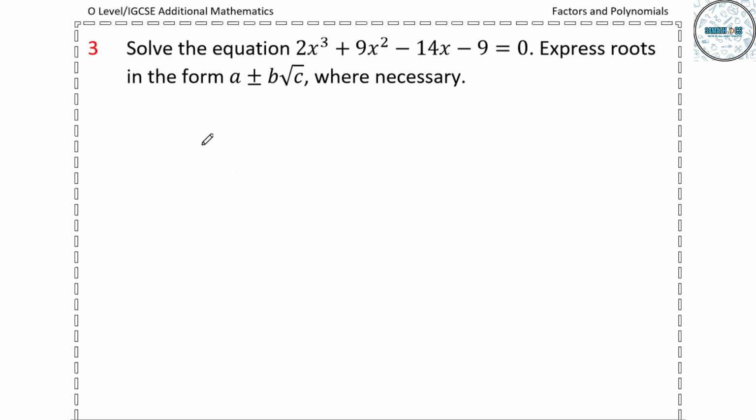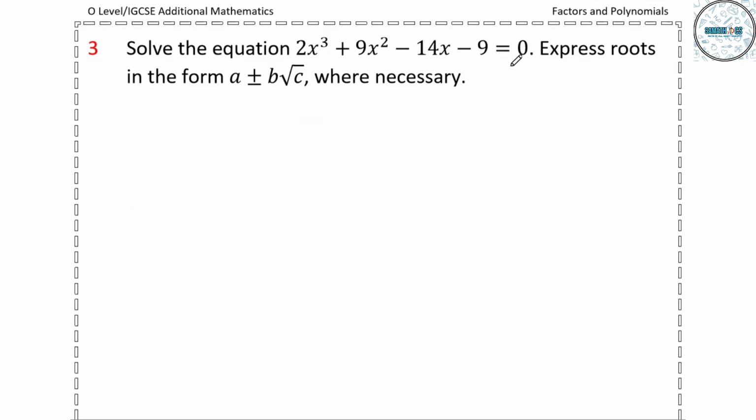Let's solve another question in which we have to solve the equation 2x cubed plus 9x squared minus 14x minus 9 is equal to 0. Then they have asked to write down the roots in the form a plus minus b under root c where necessary.